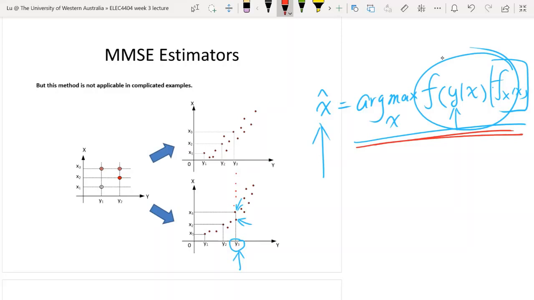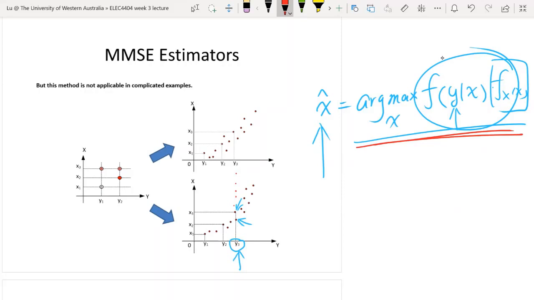But this process will be time consuming if the number of X values is huge, and it may take a lot of calculation power as well. In other words, this methodology is good and effective, but may not be efficient if the sample space is large.